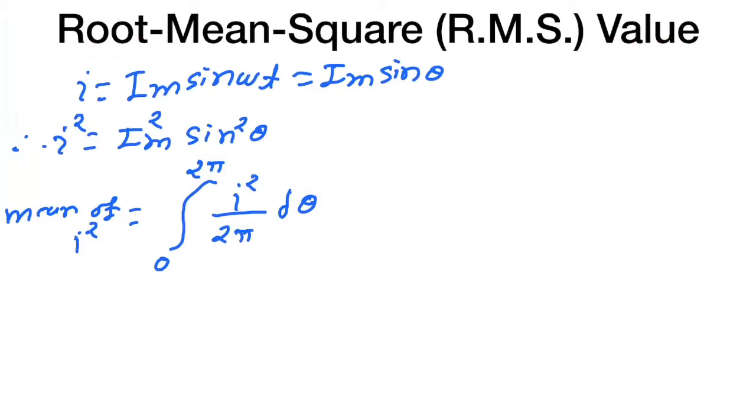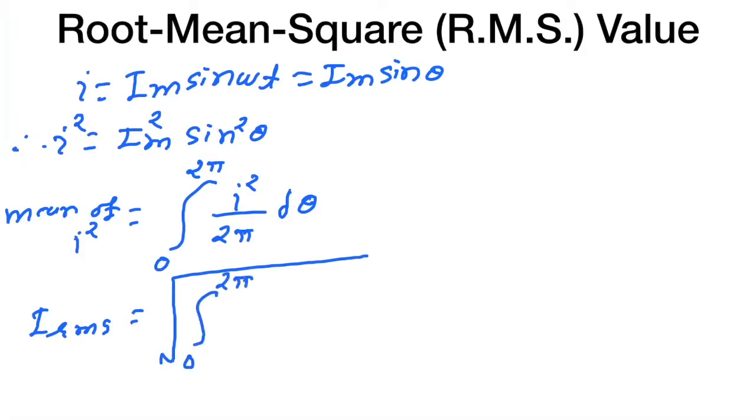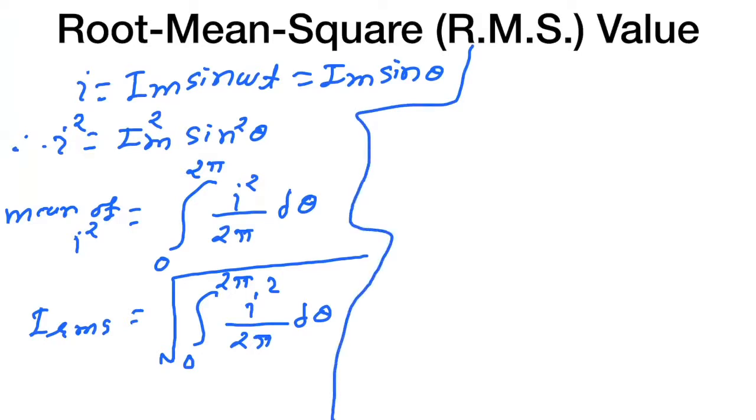So RMS value of the alternating current I RMS is equal to square root of integration 0 to 2 pi I square divided by 2 pi into d theta. Now we put the value of I square in this equation.